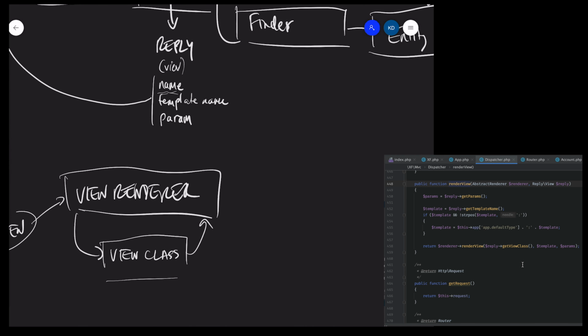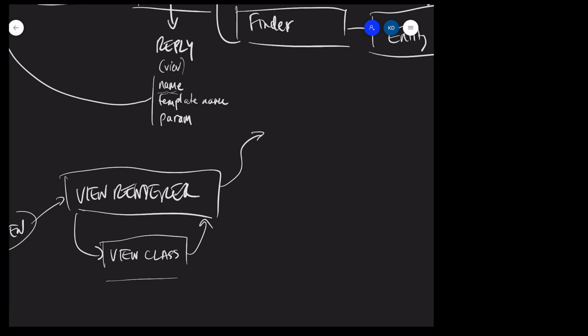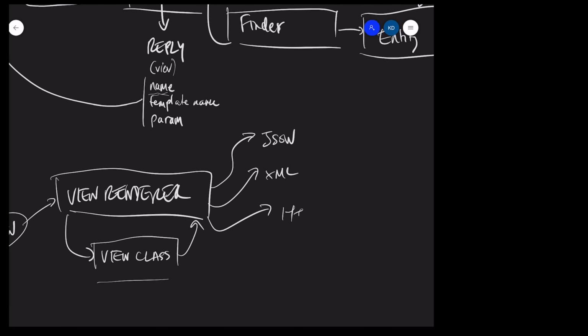And once that job is done, it will then start to return its data. So maybe you've requested some JSON data, in which case it will hand off the parameters that you've specified to the JSON renderer and spit that out. Or maybe it's XML, or most commonly HTML.